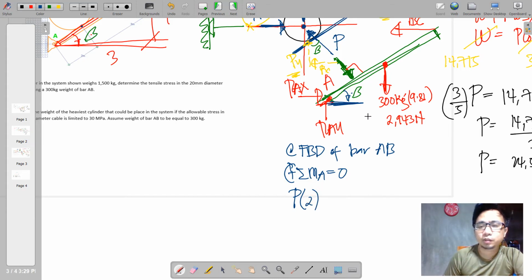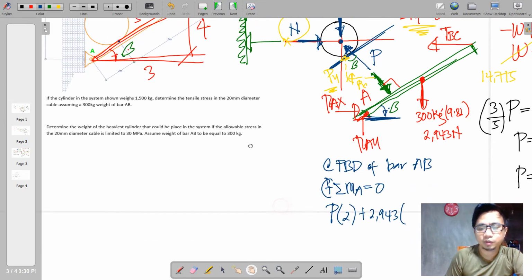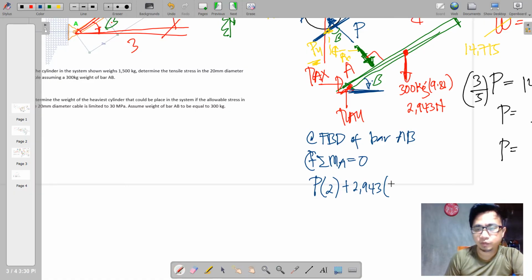What else? Your weight is actually, again, a clockwise rotation. So we have 2,943 times, you can see here that this is just 3 meters, and bisecting that at the center, you'll just have 1.5 meters.